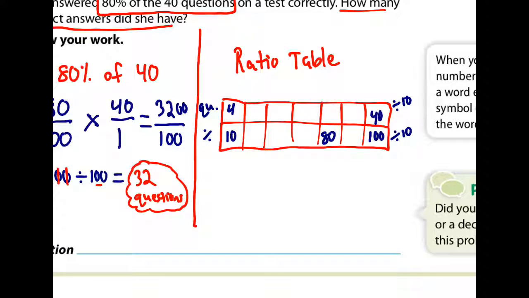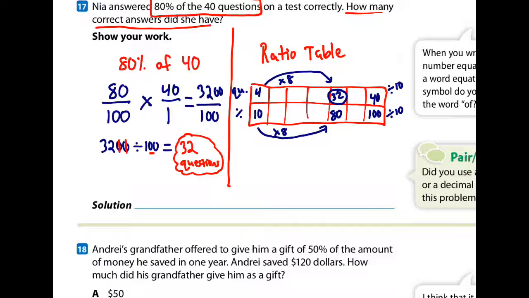So 4 out of 10 is equivalent to 40 out of 100. And now I can go 10 times 8 is 80. I could do 4 times 8 to get 32. So 32 questions is 80%. So either way, you should have 32 questions as your answer.